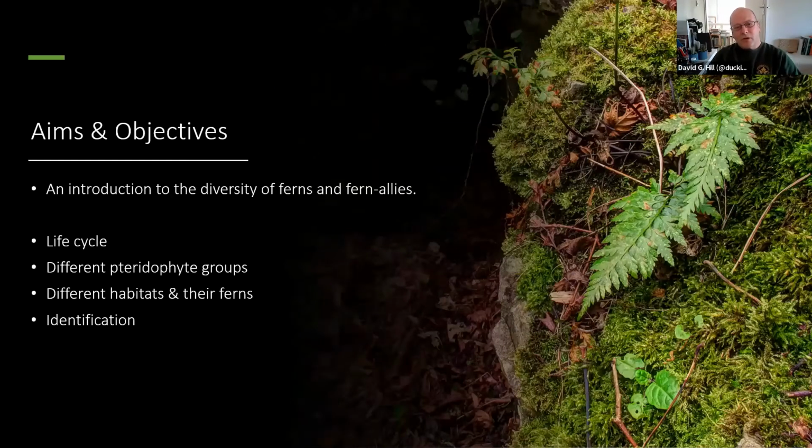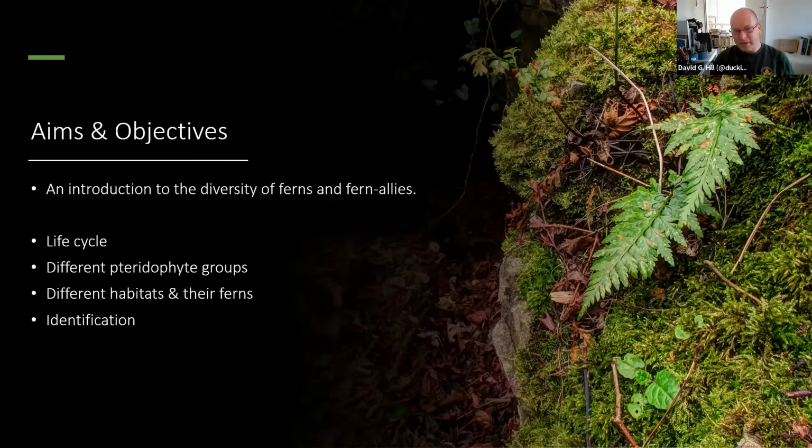In terms of what I want to cover, a bit about diversity of ferns and fern allies. The focus is going to be on British slash Welsh species, but this applies worldwide, quite a diverse range of plants. A little bit about the life cycle, because they help to define ferns and fern allies.